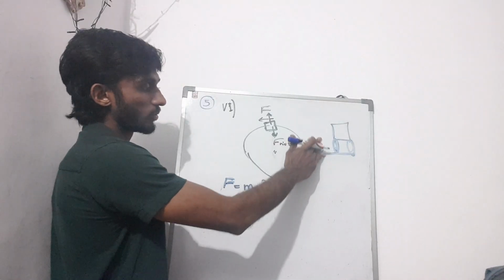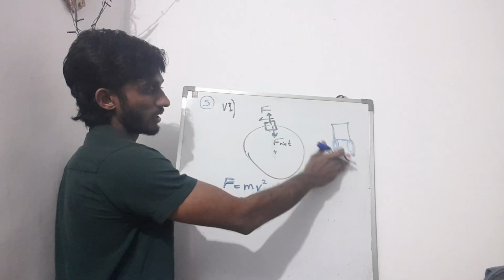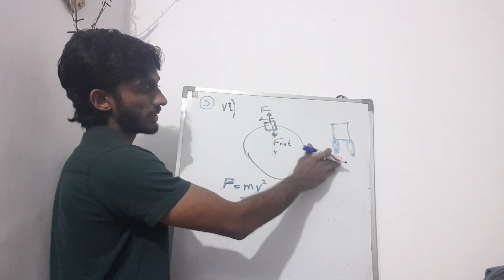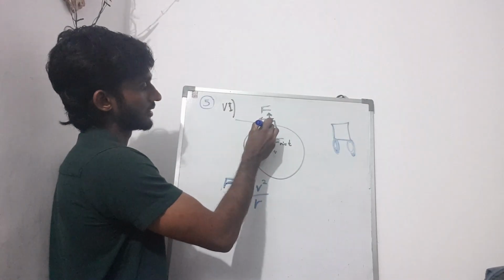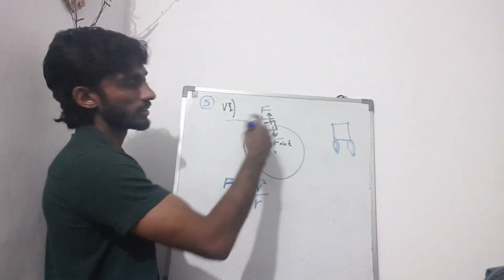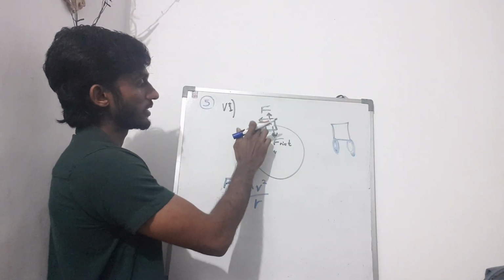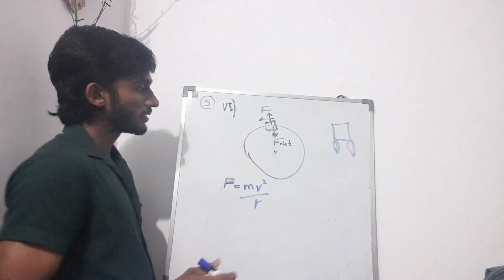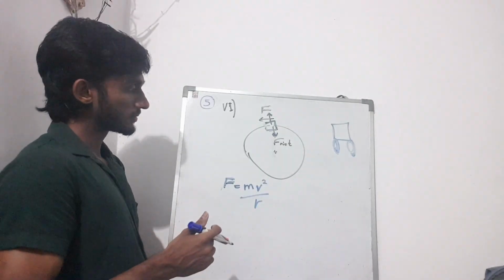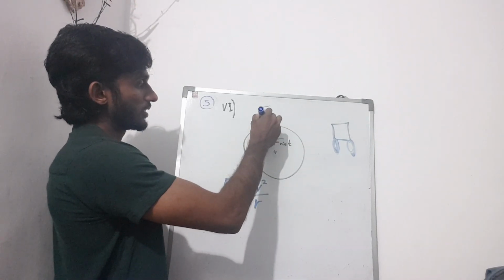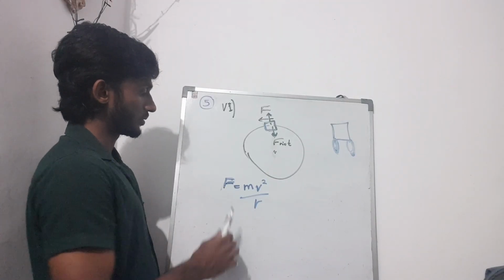When this force breaks or the wheels start slipping, the car goes in that direction, not the circular path. That's why the friction force is very important when the car is going on a circular path like bends.